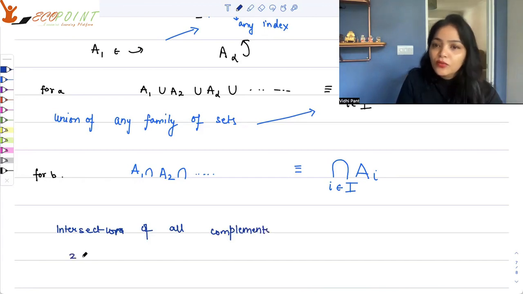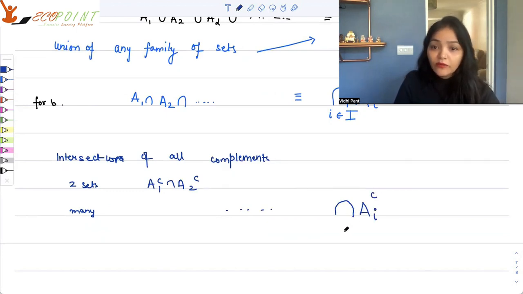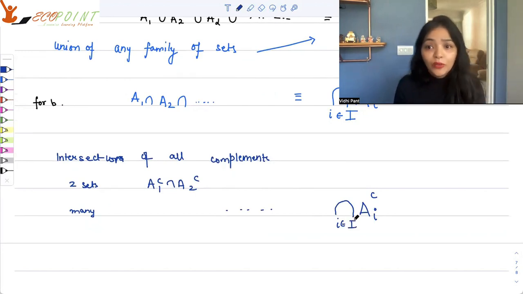If you just have 2 sets, it is A1 complement intersection A2 complement. In case there are many more, it keeps on going and becomes a big intersection outside of A_i complement, where i belongs to capital I, because we don't know the index.